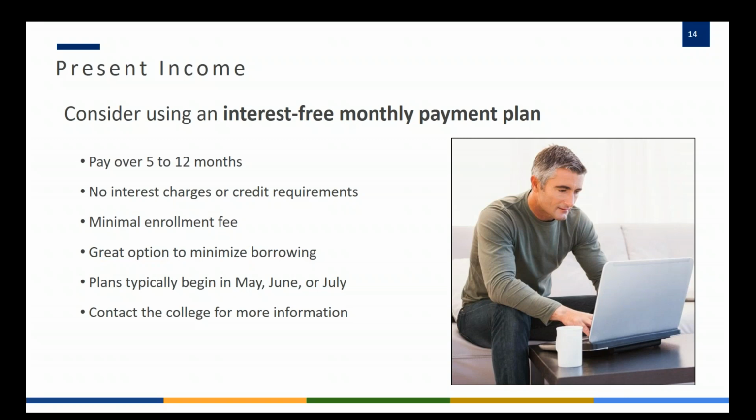Most plans are on the college's website, and the college will also send information about their payment plan to the families with the bill, or send a link to enroll electronically. It's a great way to help contribute towards that bill without borrowing by using affordable monthly payments.